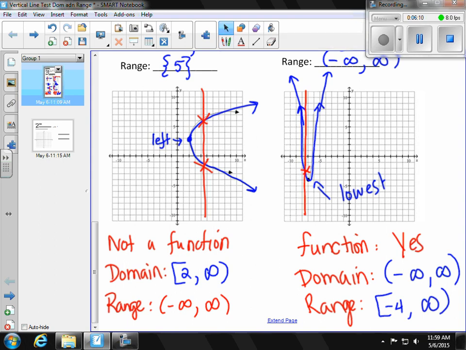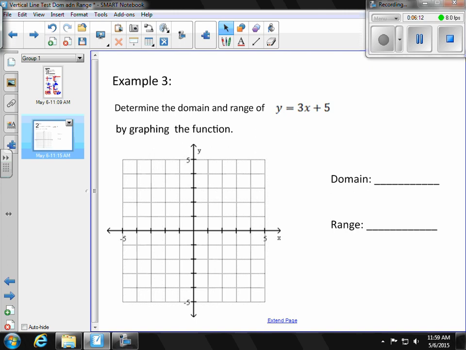On our next slide, this time I'm not giving you the graph. I'm asking you to determine the domain and range by graphing the function. So you can pull out your calculators if you want to, or you can think about what the graph of this line looks like.